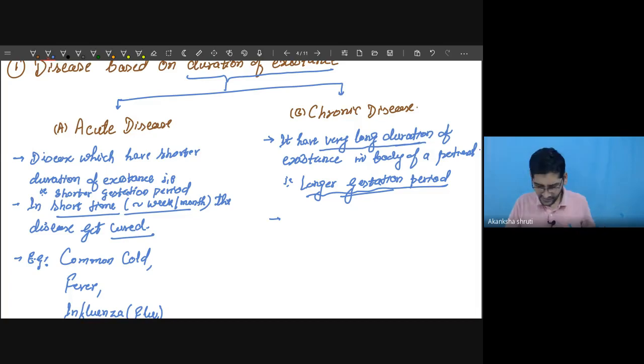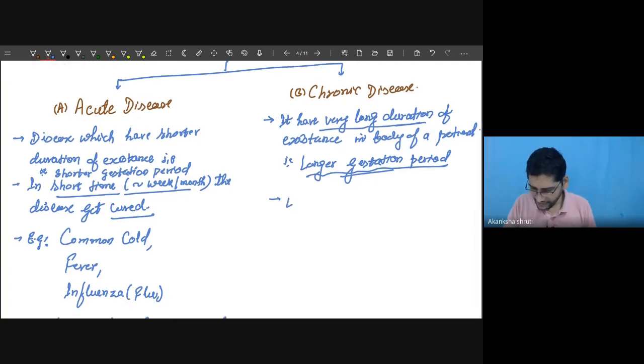So let us write down examples. It could be your cancer, where the cells get damaged abnormally, either grow abnormally or are destroyed abnormally. That is called cancer.